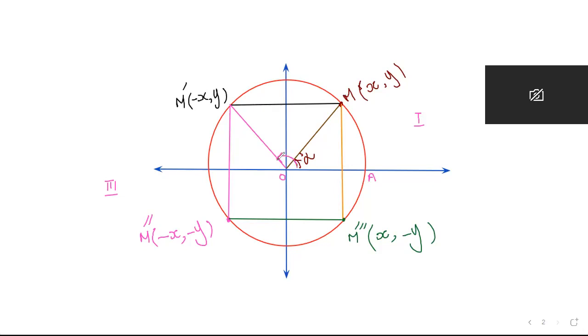You see the angle over there. AOM prime is an angle. What kind of relationship does it have with alpha? We talked a little bit about that before we left last session. We said that the point M prime is located with the angle which is pi minus alpha.